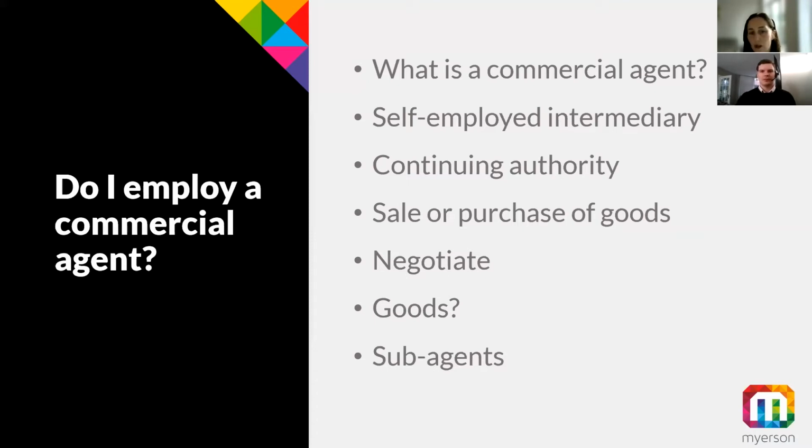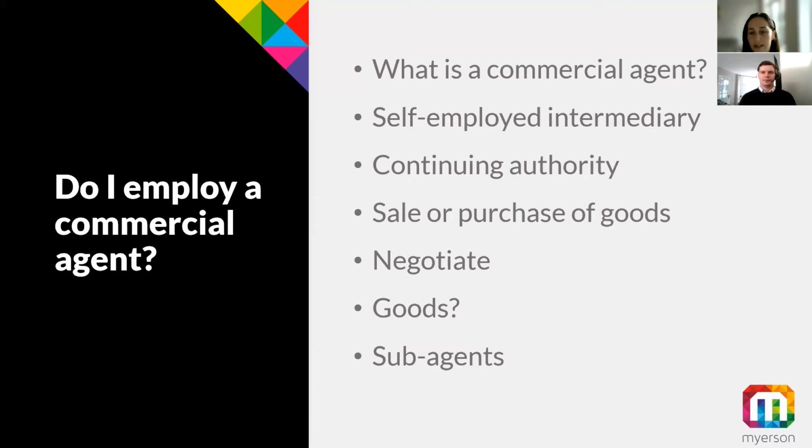The meaning of negotiate and continuing authority to negotiate, which are both phrases in the definition I read earlier, are interpreted very widely. So that will include an agent who simply introduces customers to the principal. And as a rule of thumb, it's not necessary for agents to individually negotiate the terms or the sale or the prices of products.